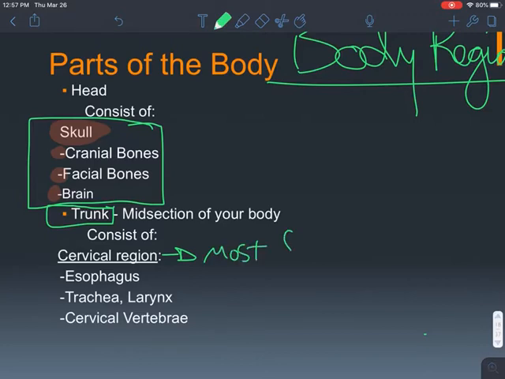And remember, you can't use proximal or distal because you can only use that on the extremities. So that's the most superior region, consisting of your esophagus, trachea, larynx, and your cervical vertebrae. And just a little bit more terminology: your esophagus is deep, and your trachea and larynx are more superficial.